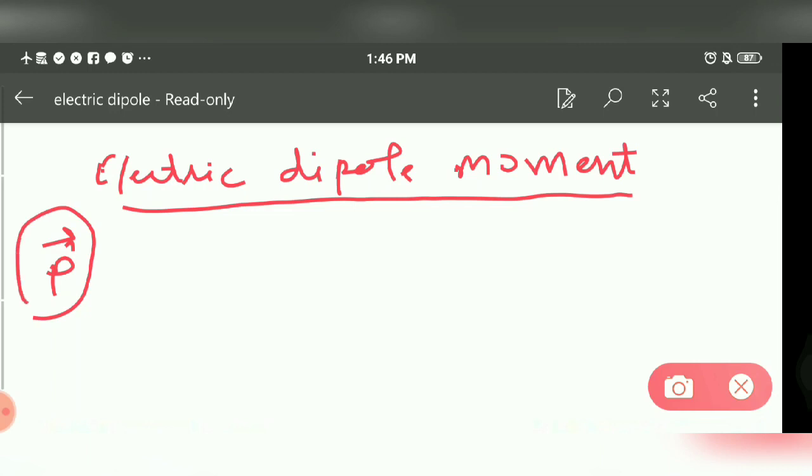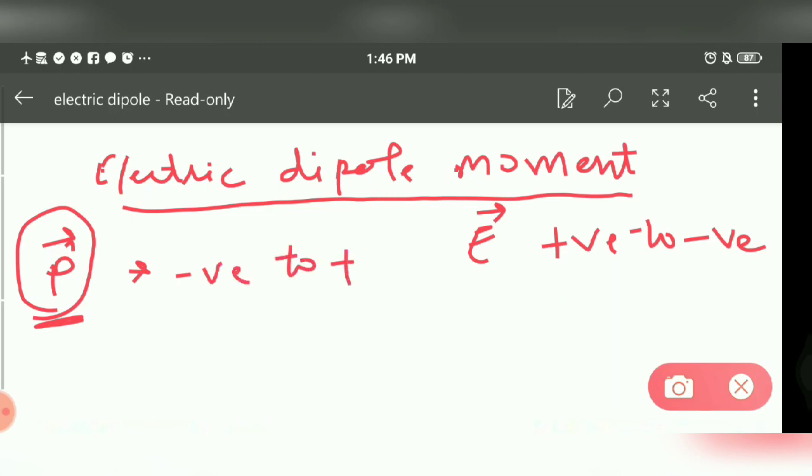It's a vector quantity. Like E is directed from positive to negative, electric dipole moment is directed from negative to positive. So the direction of electric dipole moment is from negative to positive. It's a vector quantity having direction from negative to positive, represented by p vector.